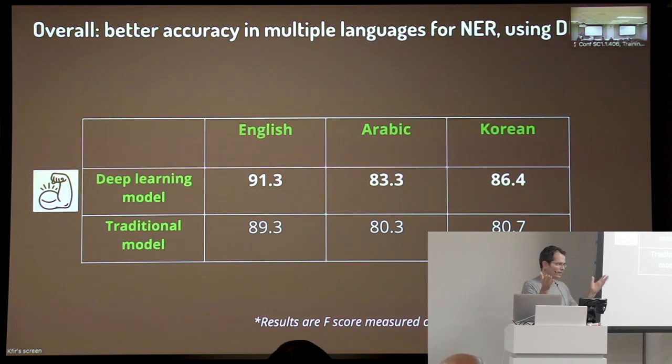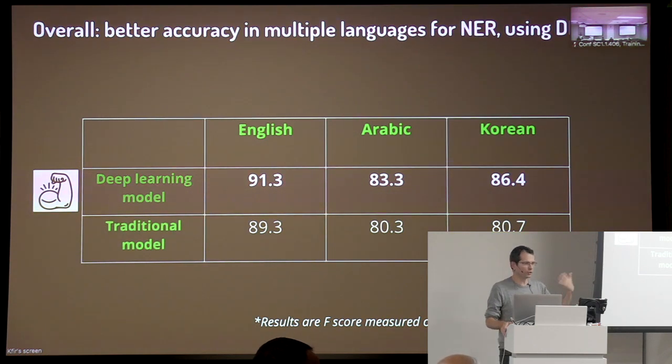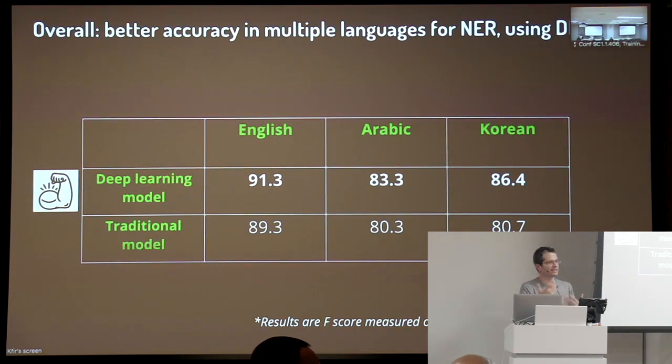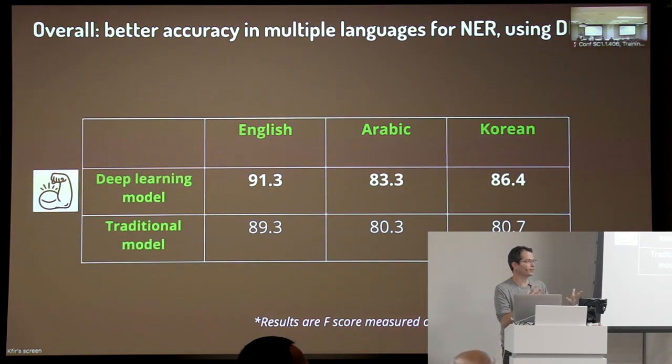Specifically here, the question is about how many categories, how many entity types, we use. Here we use PLO, three types, but we have more. Here we just evaluated on those three. The question is about the number of examples we need in the data set for different types of entities, or if we want to add more entity types, how many examples we need. It's really hard to answer those kinds of questions, and I know they're important.